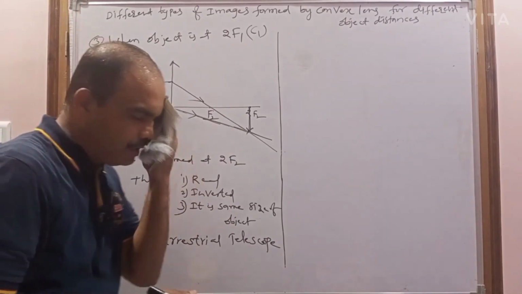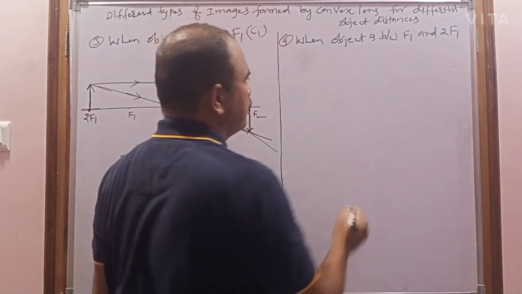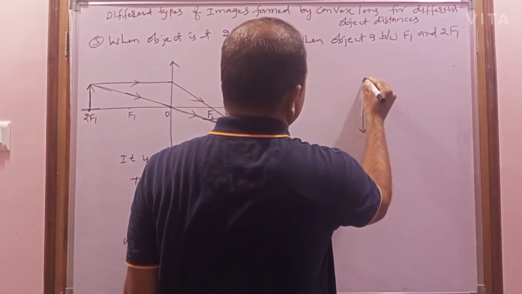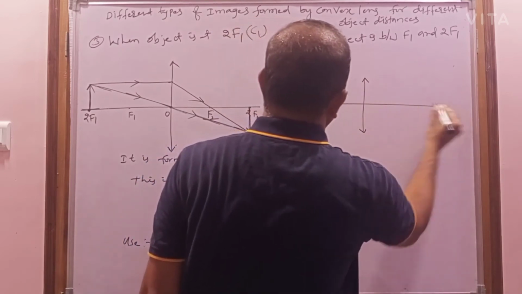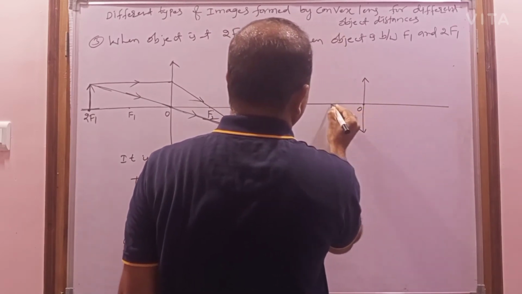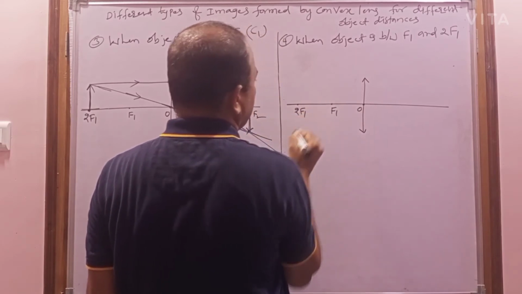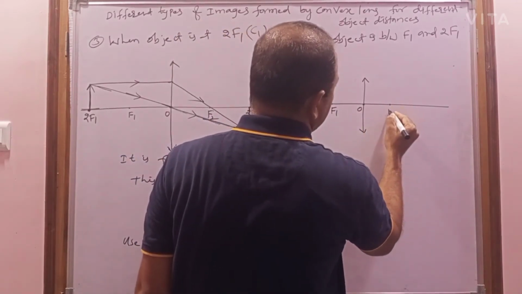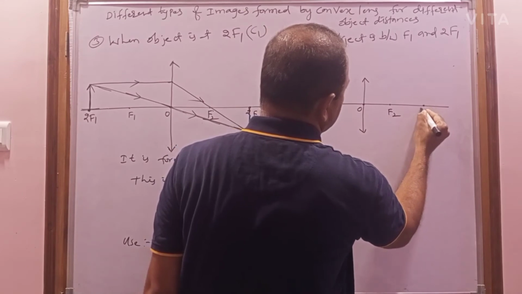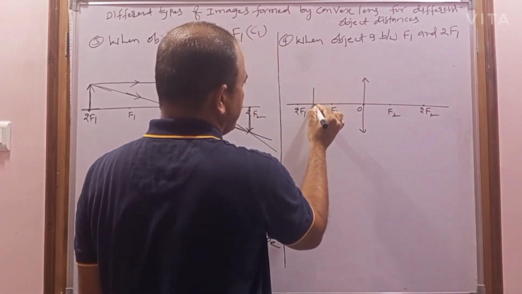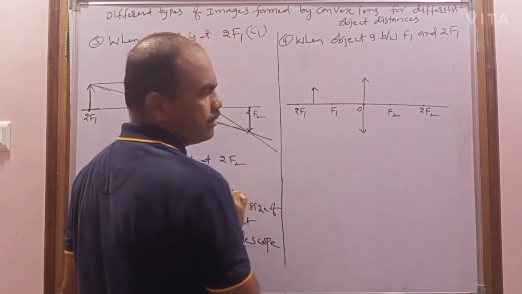Now consider this is a convex lens, and this is the principal axis and optic center. This is f1, this is 2f1, this is f2, and this is 2f2. I am taking the object between f1 and 2f1.